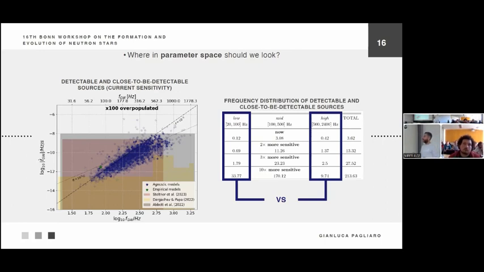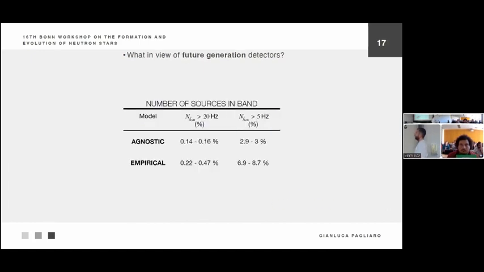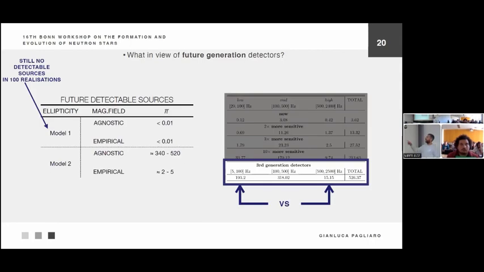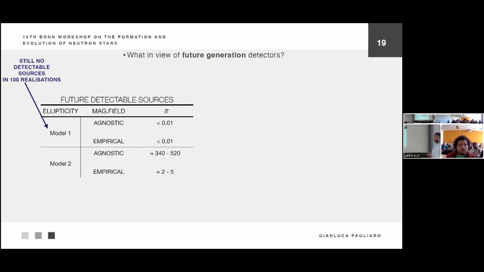Currently, the high band still plays a major role compared to the low band, but as we move towards more sensitive data, I would say, the thing swaps. I'm going to show you very quickly that this is exactly what I'm talking about. When I consider third generation detectors, we have instead the low band that plays a more interesting role than the high band.